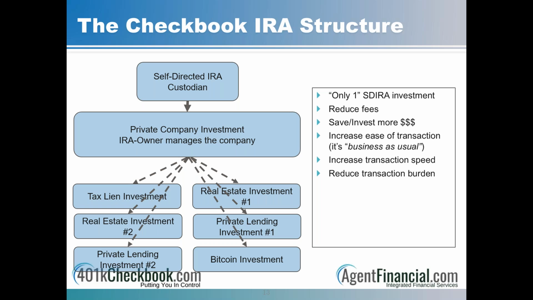And here is a diagrammatic overview of how that works, and conceptually explain how this works, what makes it tick. What is the legal and conceptual underpinning of the checkbook IRA? Well, we all understand that an IRA can be an investor in a publicly traded company, right?